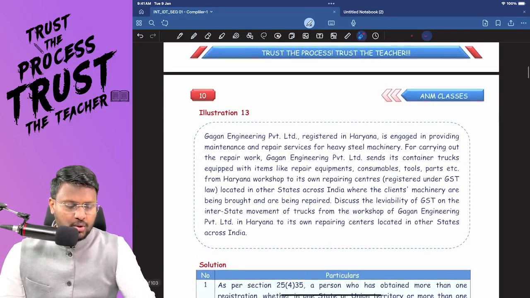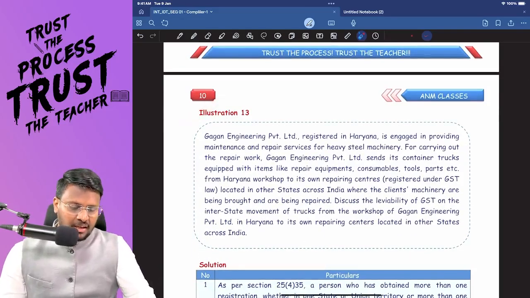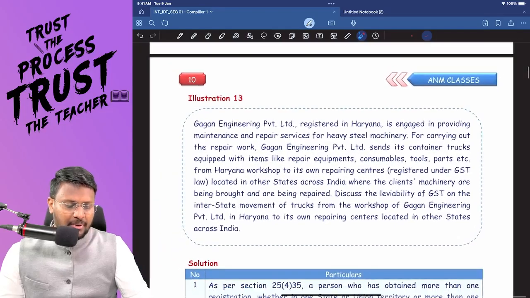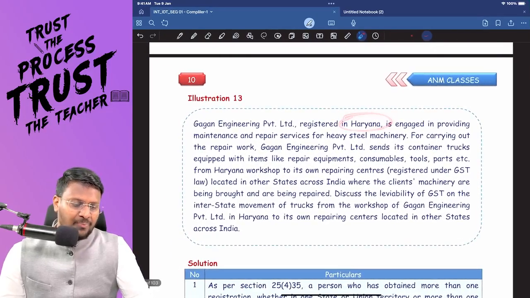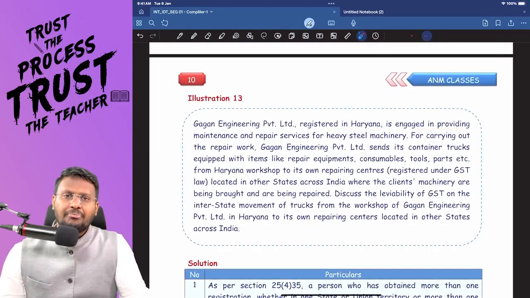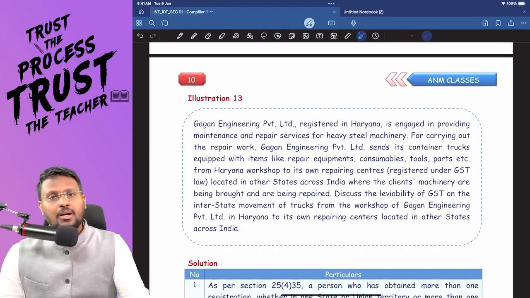Moving into illustration number 13. Sir, Jagan Engineering Private Limited, registered in Haryana, is engaged in providing maintenance and repair service for heavy steel machinery.